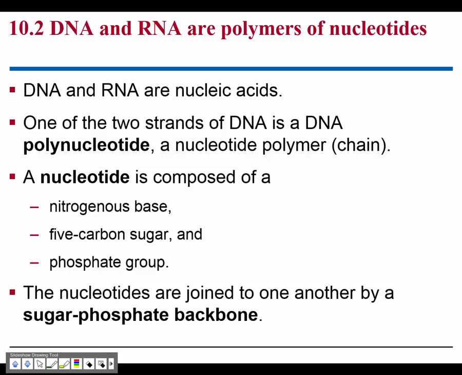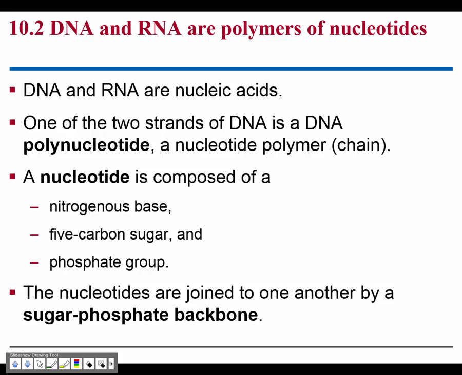So DNA and RNA. DNA is deoxyribonucleic acid, RNA is ribonucleic acid. Both of them are nucleic acids, and that's what the NA stands for. So when you see DNA, RNA, that's what you should think about. One of the two strands of DNA is a polynucleotide, a polymer of multiple nucleotides, so it's a chain.